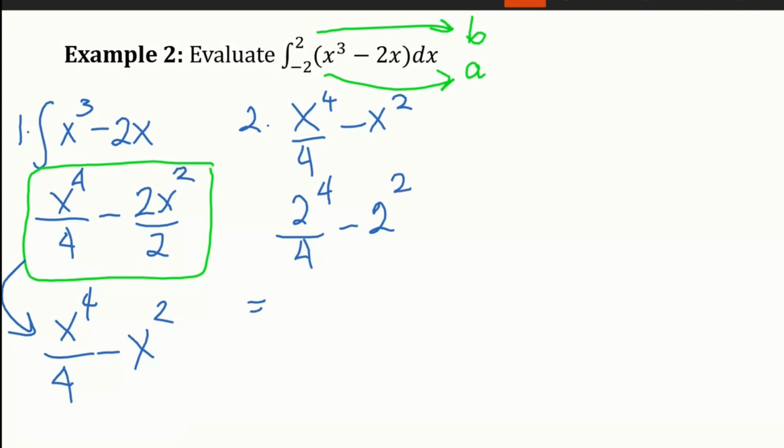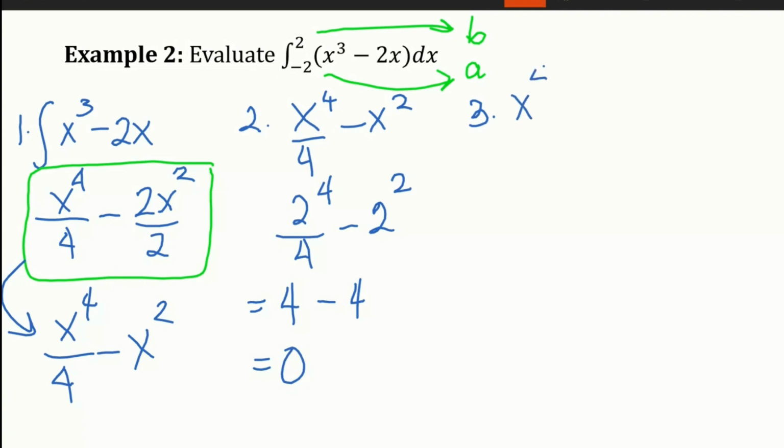And we have 2, 4, 8, 16 divided by 4, that is 4, minus 2 squared is 4, and this is equivalent to 0.